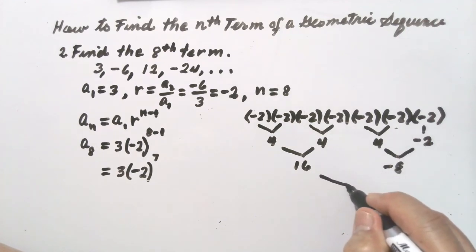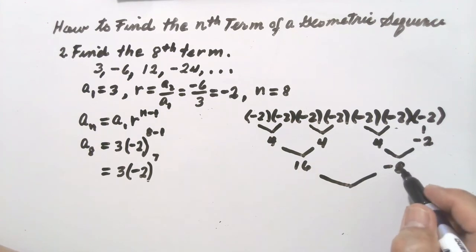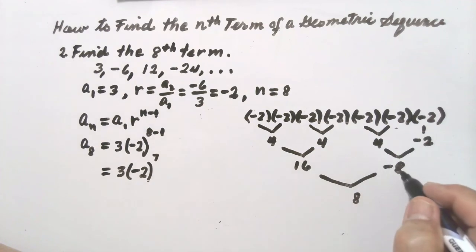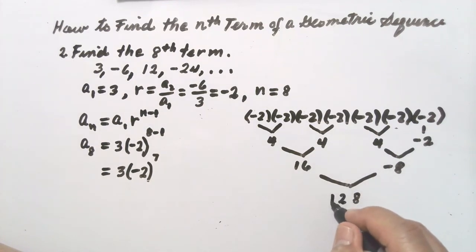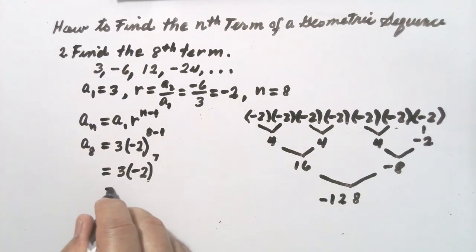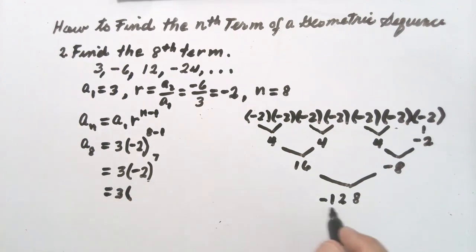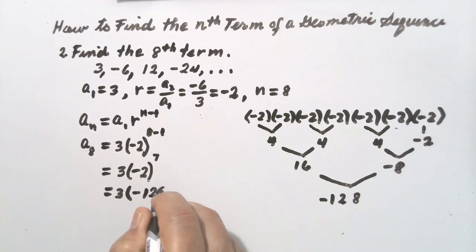And then we multiply this. 16 times negative 8: 8 times 6 is 48, carry 4, plus 8, 128, negative. So this is now equal to 3 times negative 128.